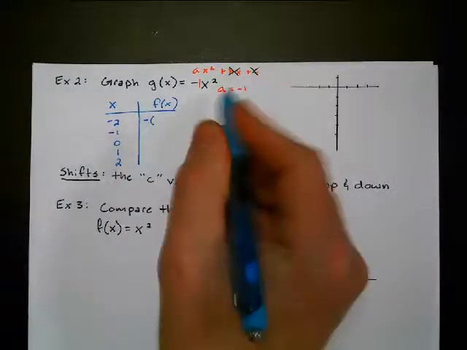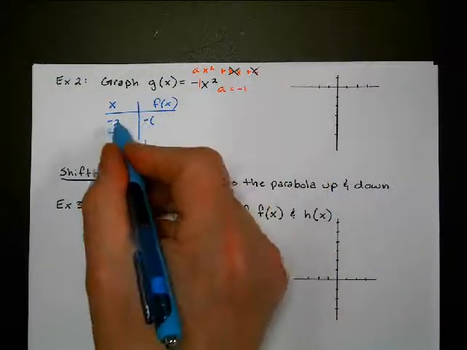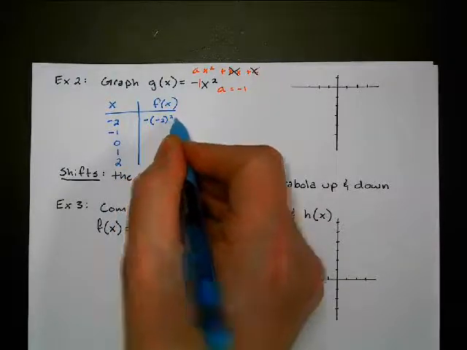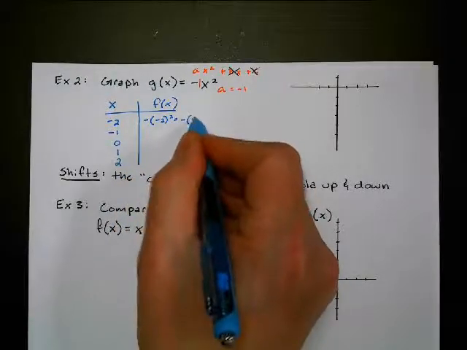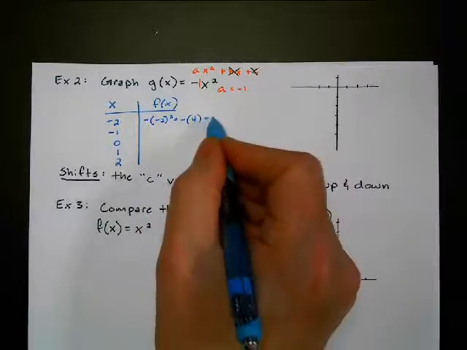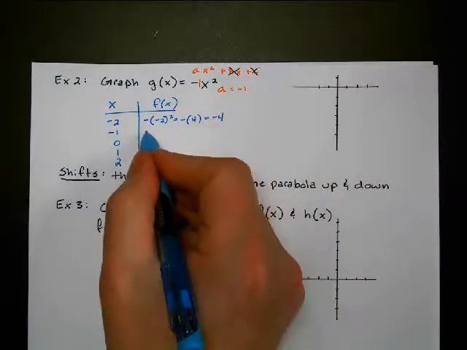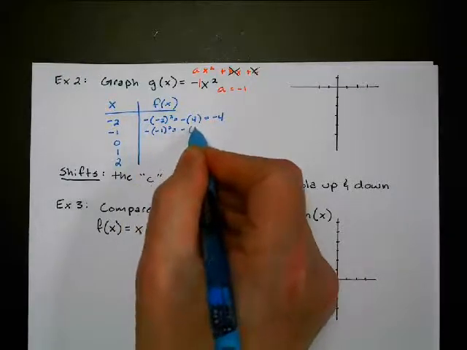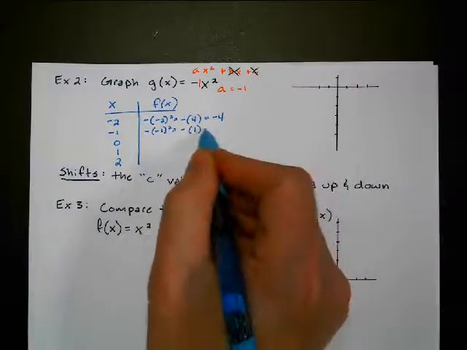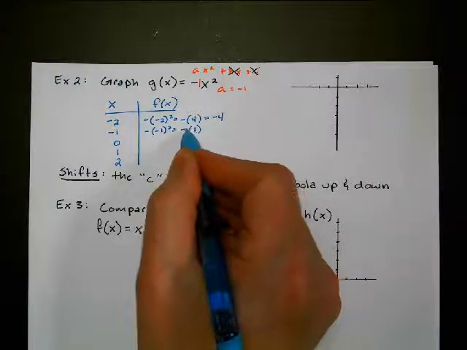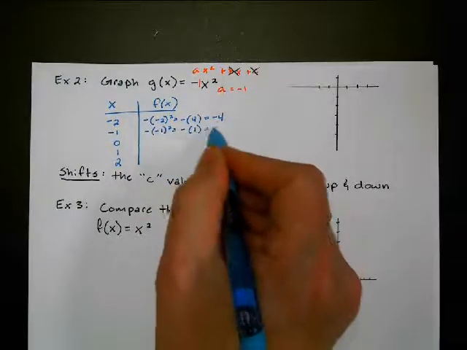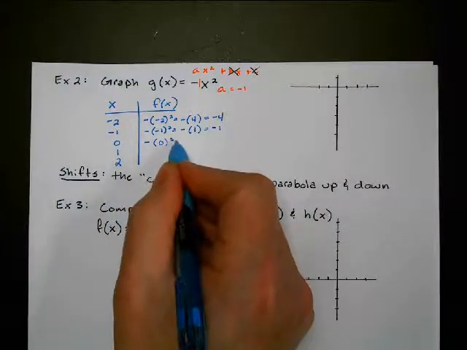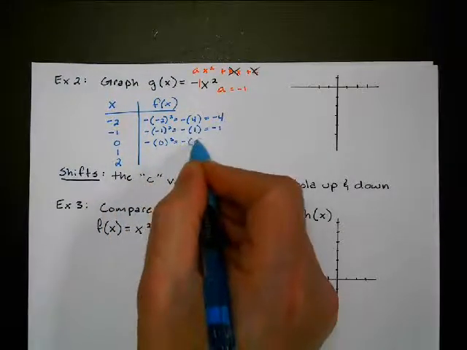So the negative stays out front, and then -2 squared is 4. So we get -4. For this one, we plug in -1, square it. -1 squared is +1. And then we have a -1 outside, so -1 times 1 is -1. When we plug in 0 and square it, 0 squared is 0, and -1 times 0 is still 0.